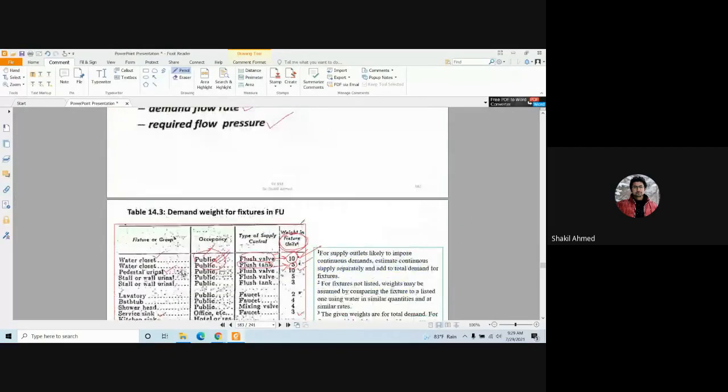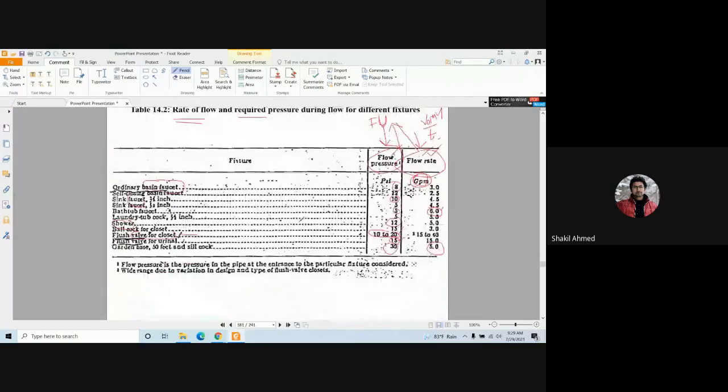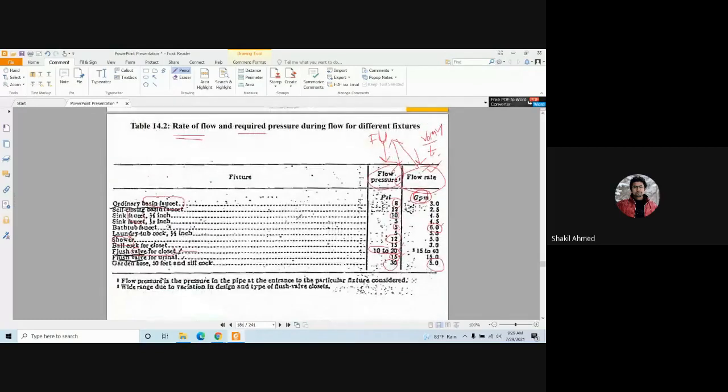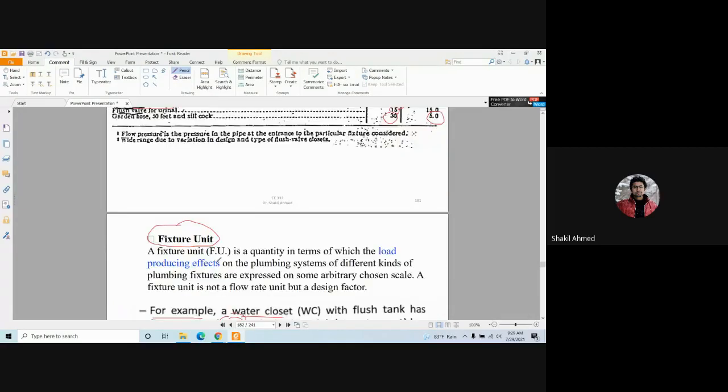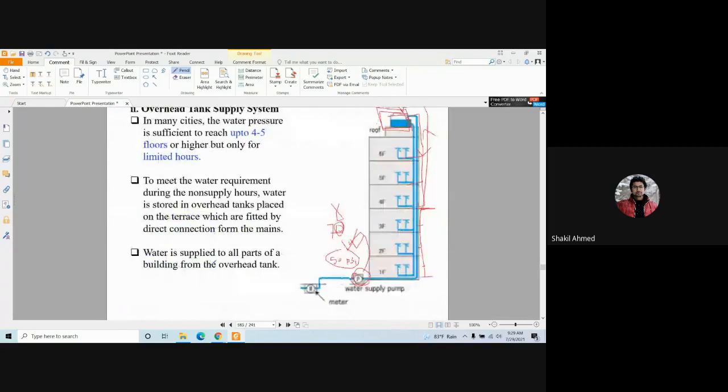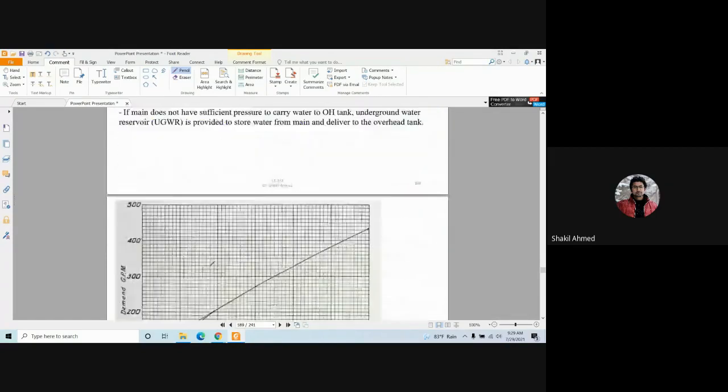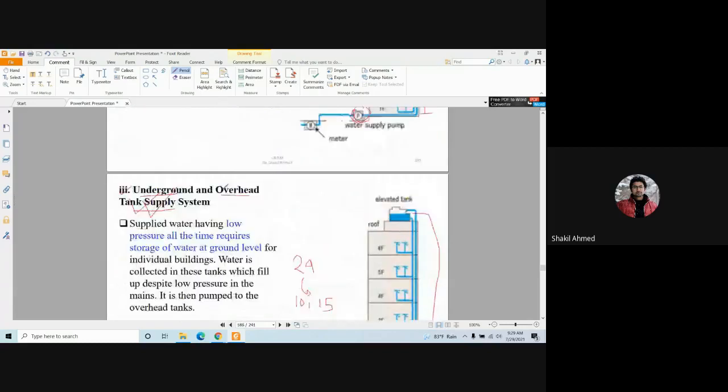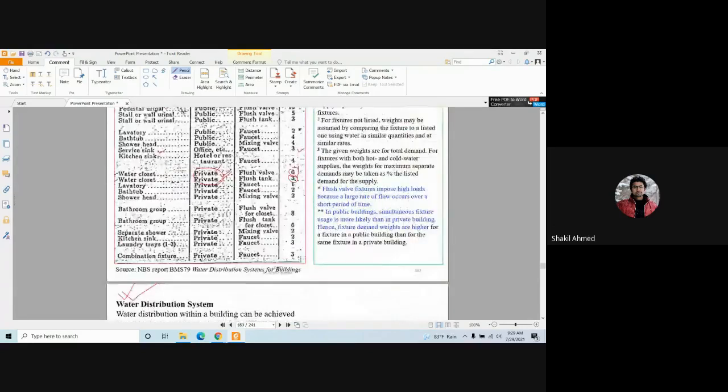So this fixture unit can be used to estimate or determine how much flow rate is required by each of the fixtures. How? Using this figure. For example, look at this table here.